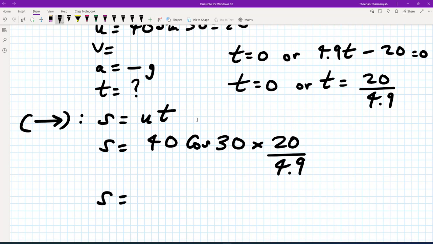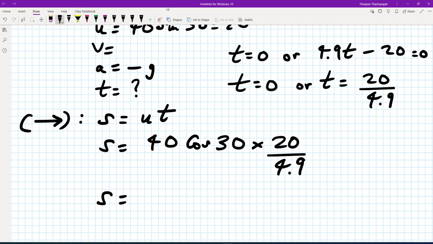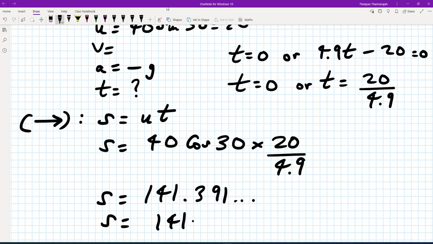So we can do that on our calculator. 40 cos 30 times 20 over 4.9 gives me 141.391 and so on. I'm just going to round that to 3 significant figures. So 141 meters to 3 significant figures for part A there.